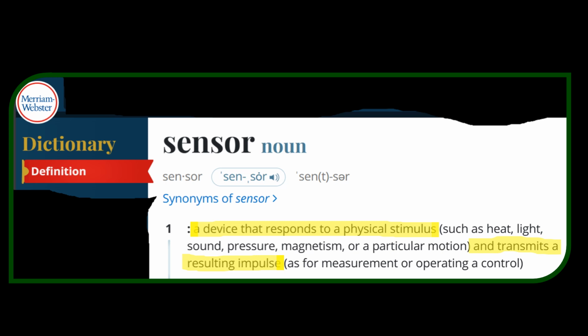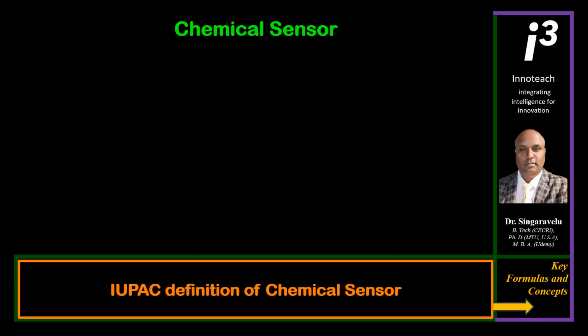That's what a sensor means. So again, I'm reading it again: a device that responds to a physical stimulus and transmits a resulting impulse, and that is called a sensor.